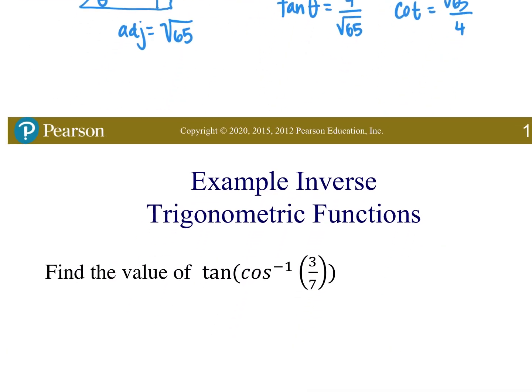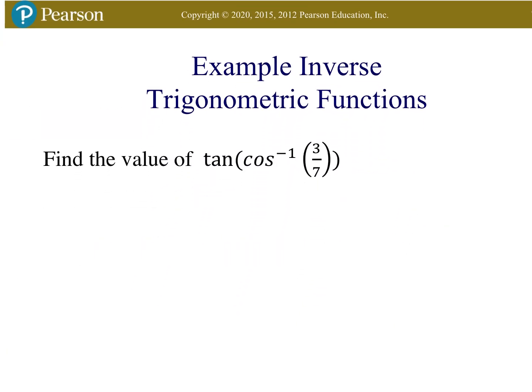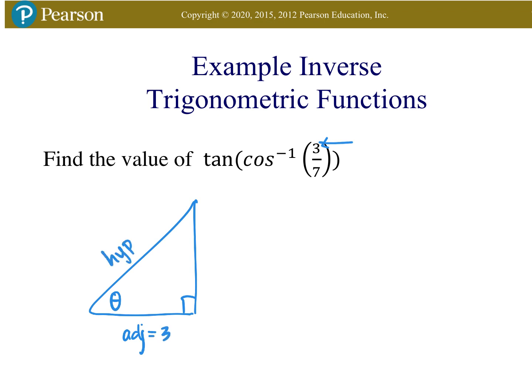All right, I was going to do one more with you. What is the tangent of the inverse cosine of 3/7? Still a right triangle problem. The 3, because this is cosine, which is CAH, so my adjacent is 3 and my hypotenuse is 7, which means my opposite is going to be, by the Pythagorean theorem, square root of 40.